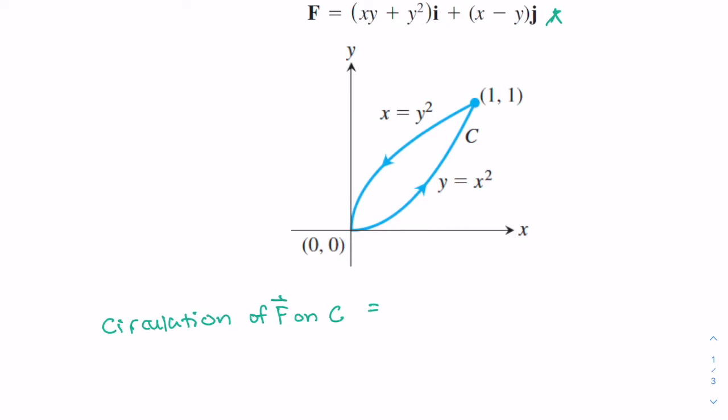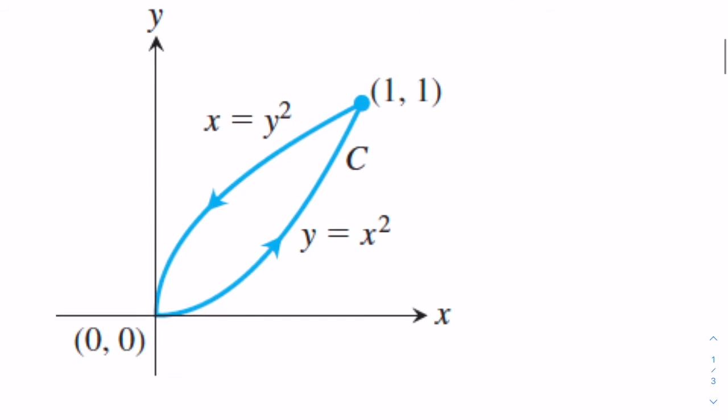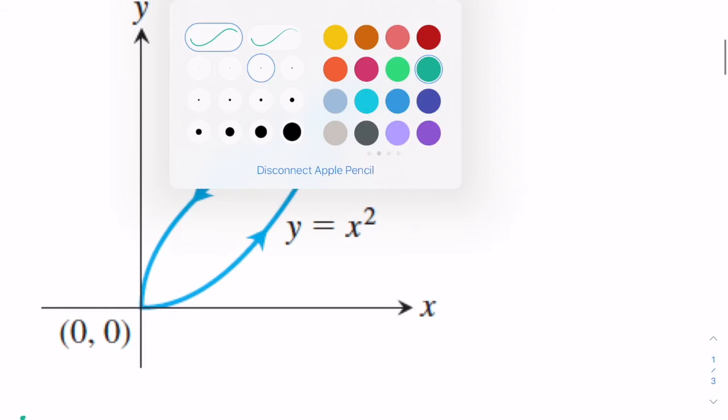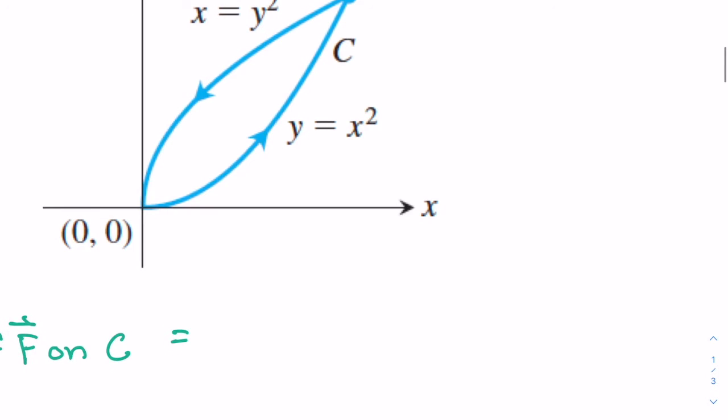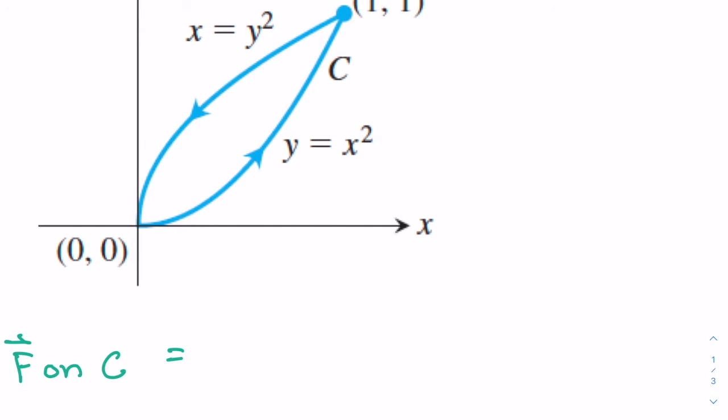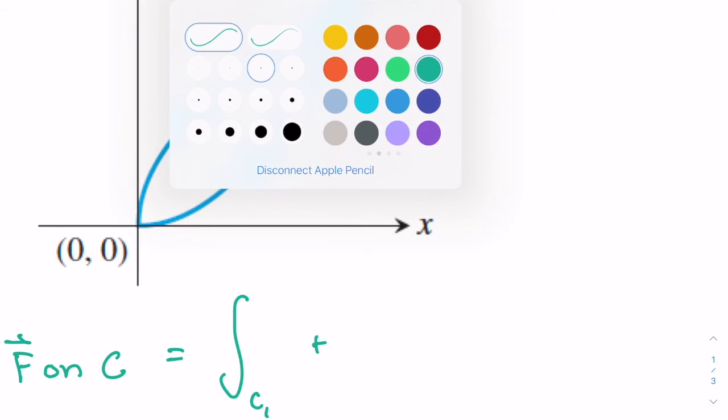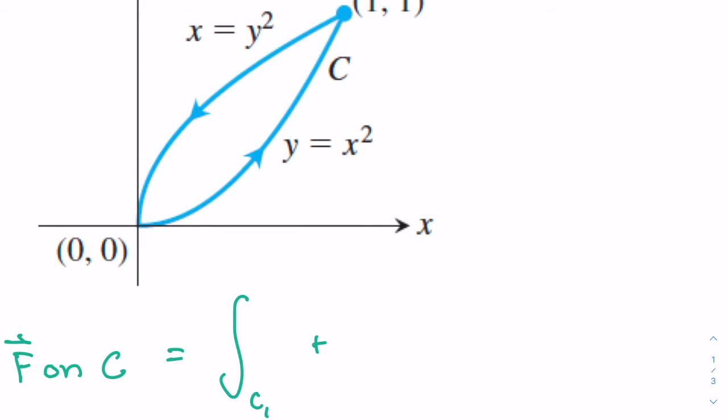But in this case, it's not possible to parameterize this path C in terms of one parametric equation. This would have to be broken up into two different ones. So we would actually have to write the sum of two different line integrals: the line integral over C1 plus the line integral over C2. Let me pick a different contrasting color.